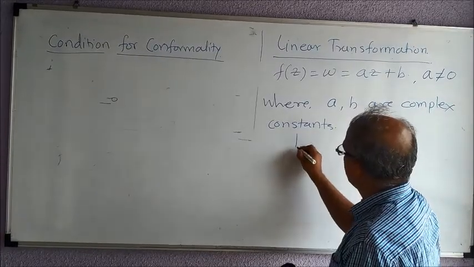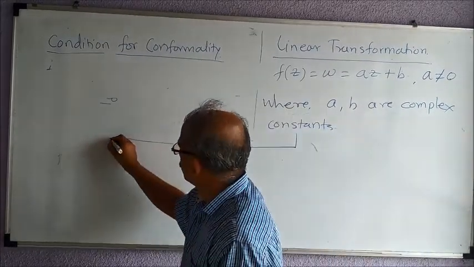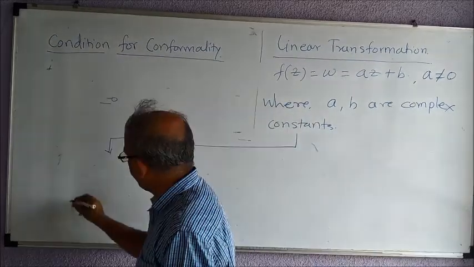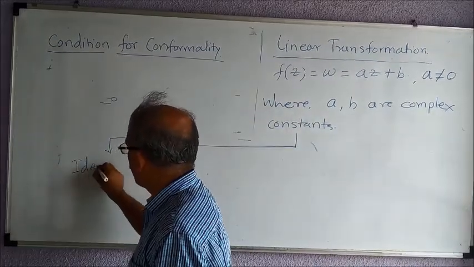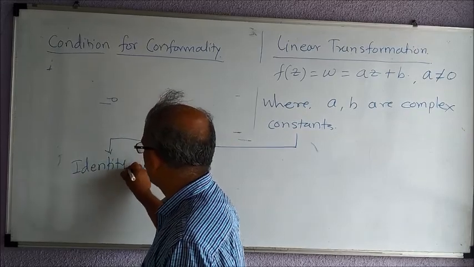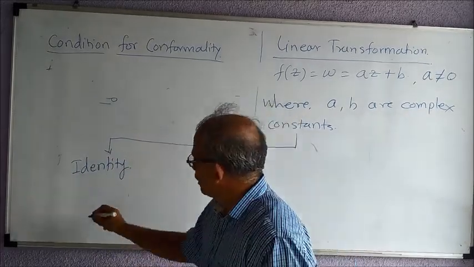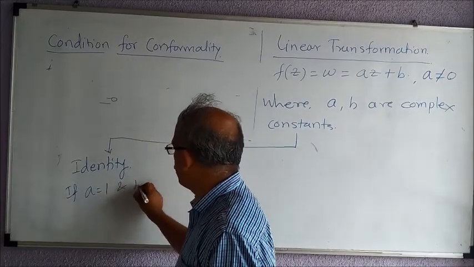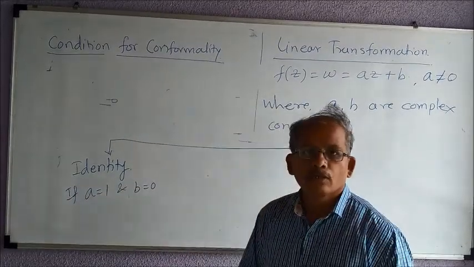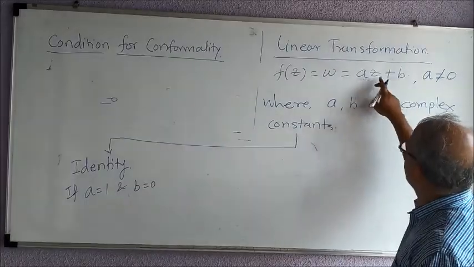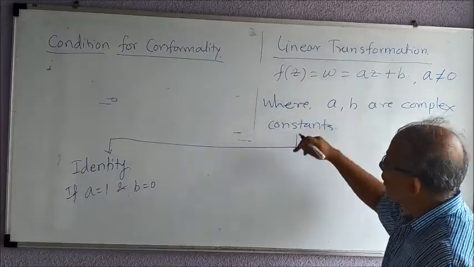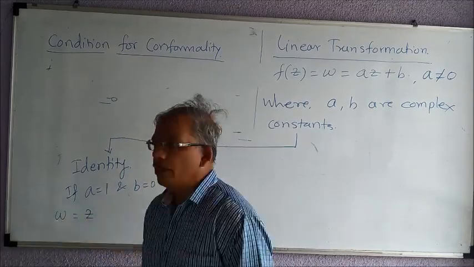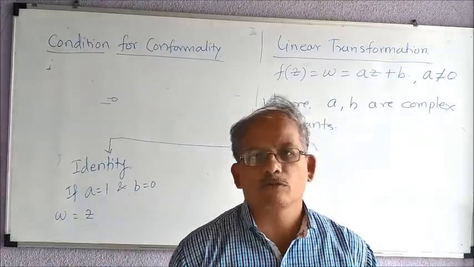This linear transformation is called the identity transformation if a equal to 1 and b equal to 0. If I put a equal to 1 and b equal to 0, I'll get w as z, simply z. That means it is an identity transformation.